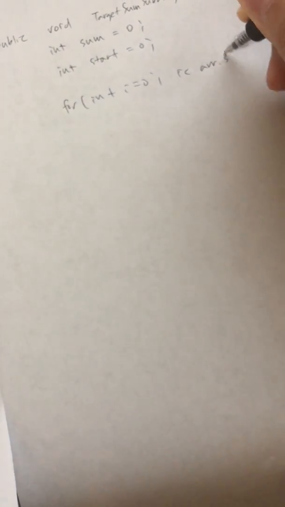And then what I'm going to do is I like to have int sum as 0, since it's non-negative integers, and int start index at 0. And I'm going to do for int i equals 0, i is less than arr.length, i plus plus.